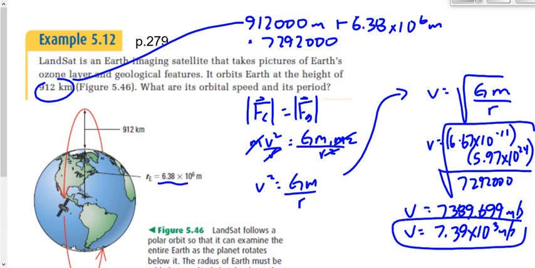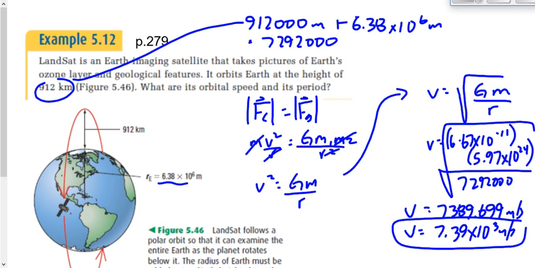So this satellite is moving at almost 7,400 meters per second, which is pretty fast, right? Sails through space at roughly 30,000 kilometers an hour. It's about the speed of the space station as it orbits around the Earth.